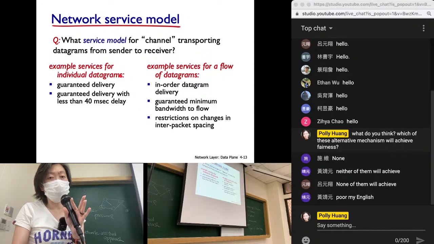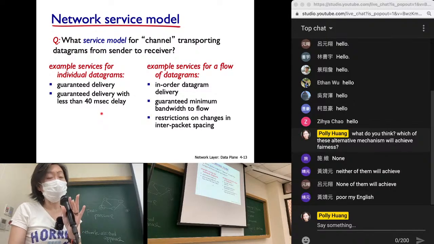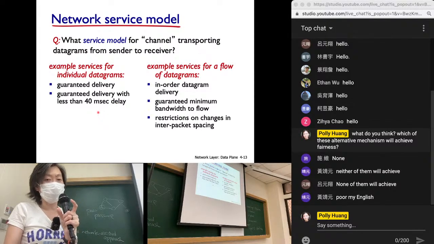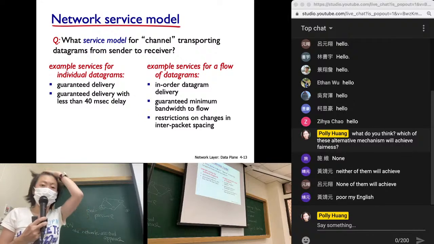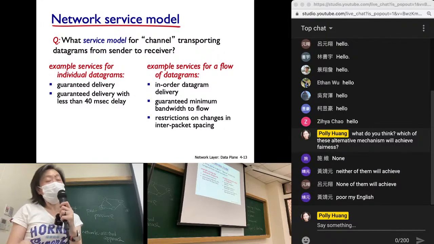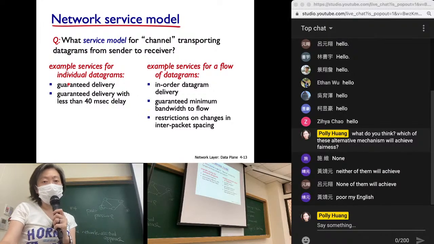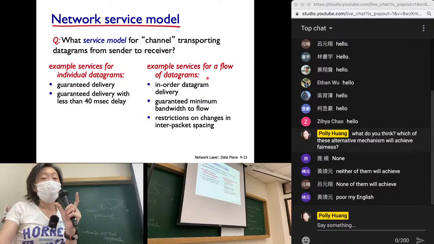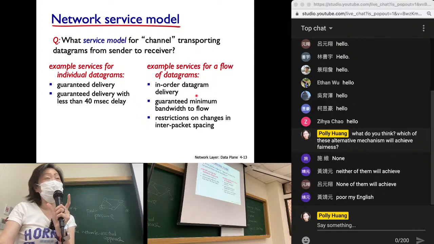So for example, we can guarantee that the datagram will arrive. Or we could try to guarantee that the datagram will arrive within a time duration, for example, 40 milliseconds. We can also try to devise a network such that we can guarantee this, or set up a circuit and guarantee this: a train of these packets, for example, will arrive in order.